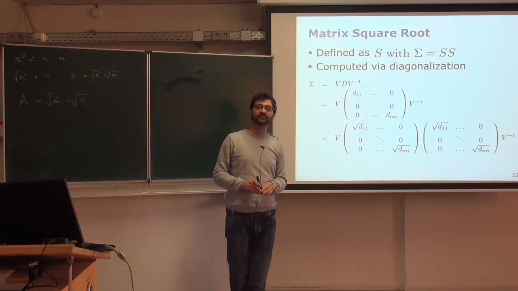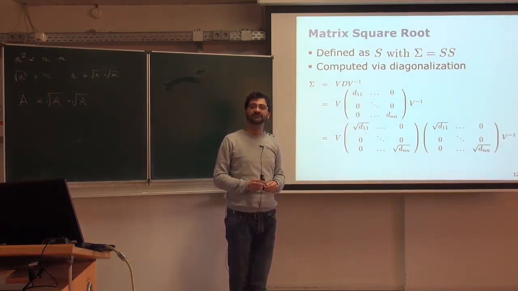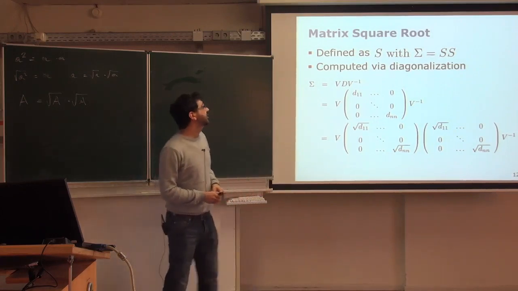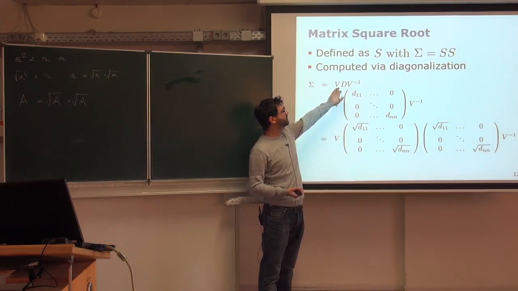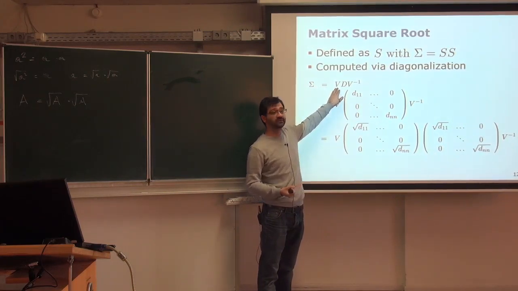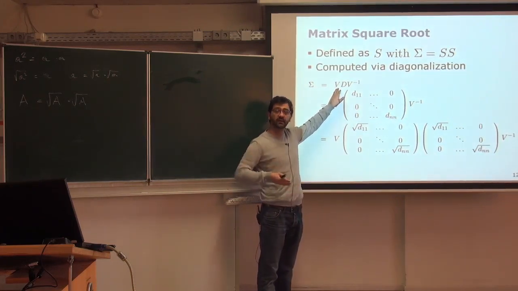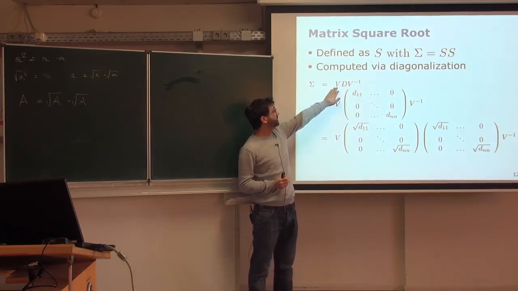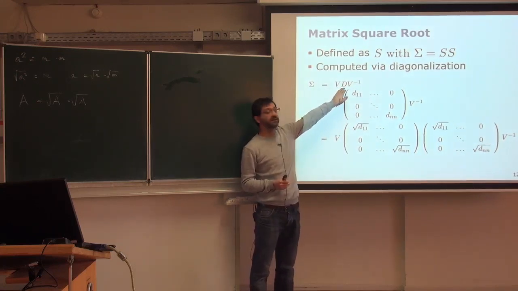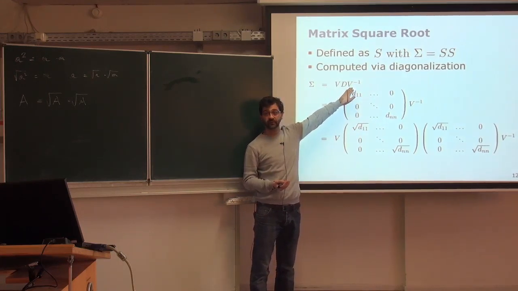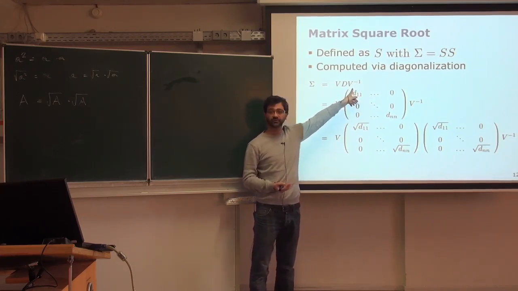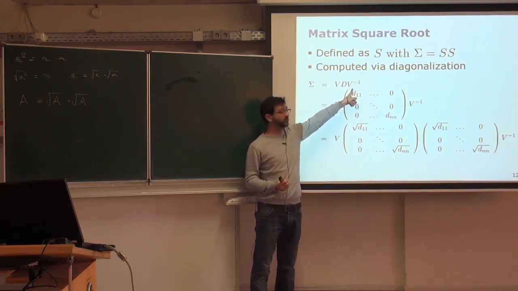How many of you do not know what an eigenvalue decomposition is? Okay, good. So in principle, we have sigma, and we have V, which is the orthogonal matrix that spans the space defined by sigma, multiplied by a diagonal matrix, and multiplied again by the inverse of V. And V is an orthogonal matrix, so you can also put the transpose, which is the same operation.